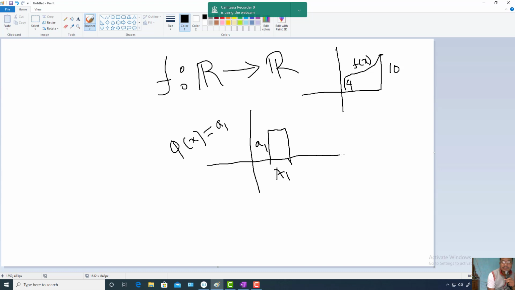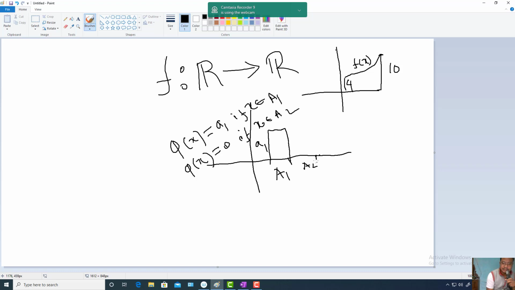Suppose from here, excluding this extreme point, to here, this is A2, and at the points of A2 the function takes the value 0. So phi(x) is equal to 0 if x belongs to A2.